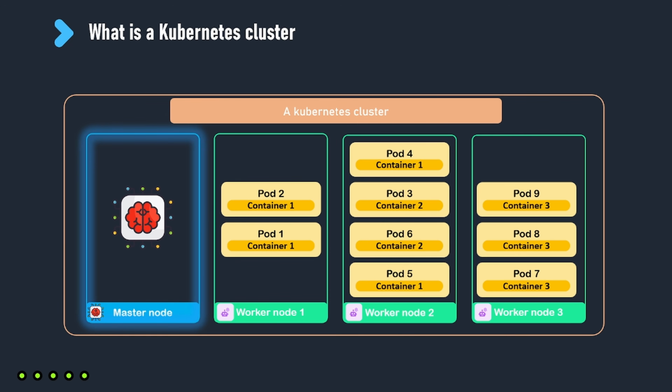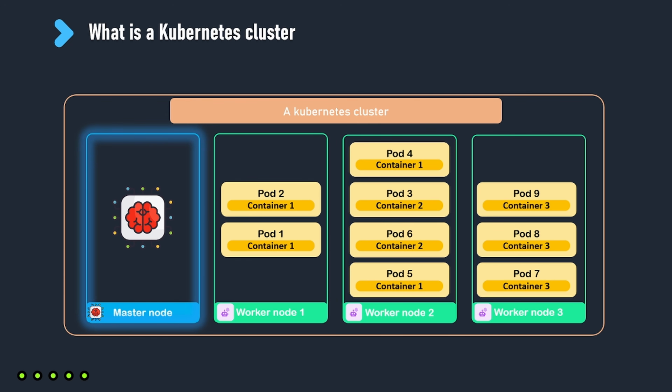You can deploy applications on the master node, but this is not recommended as it can interfere with its critical functions and responsibilities. So the master node works as the leader of the entire Kubernetes cluster, and it has a different architecture and a different role compared to the other nodes of the cluster.